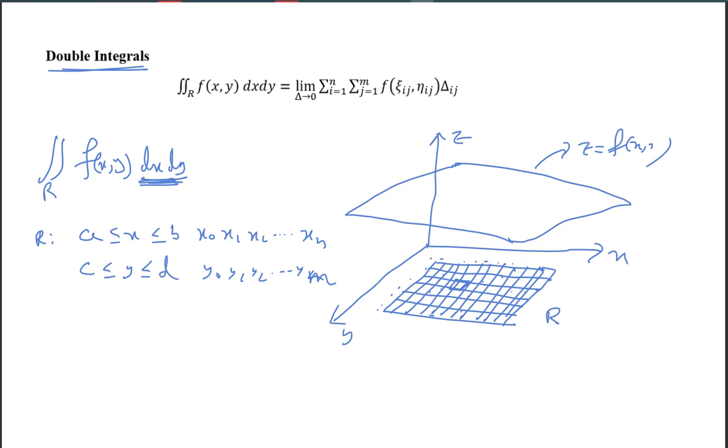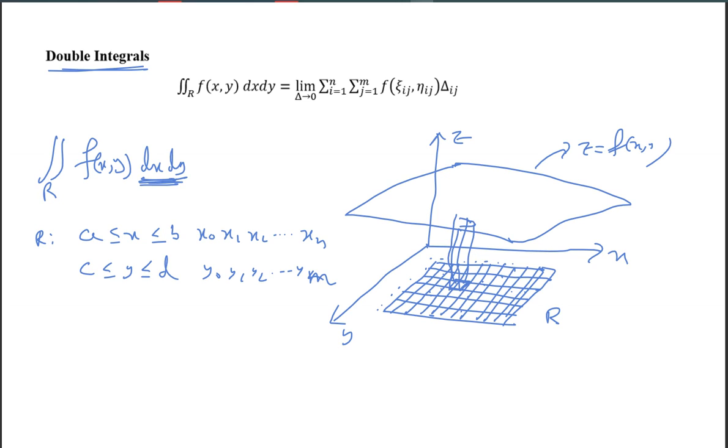Now on this portion, if you take the projection over this z, we'll get a very small volume like this.